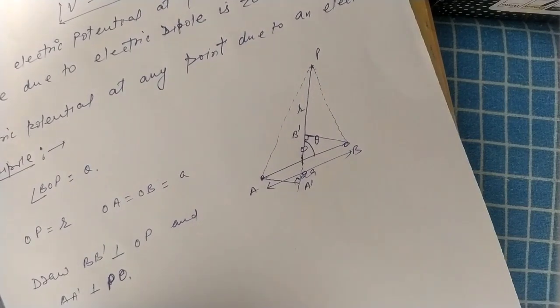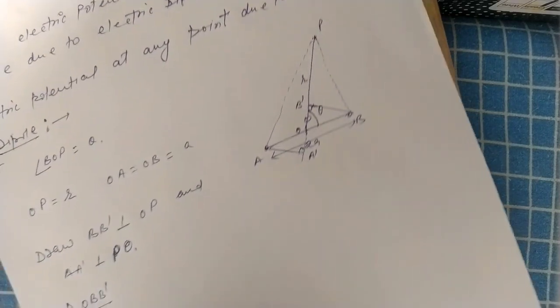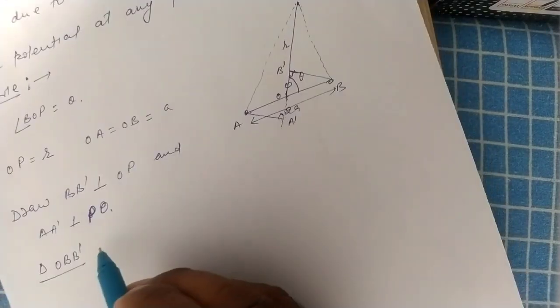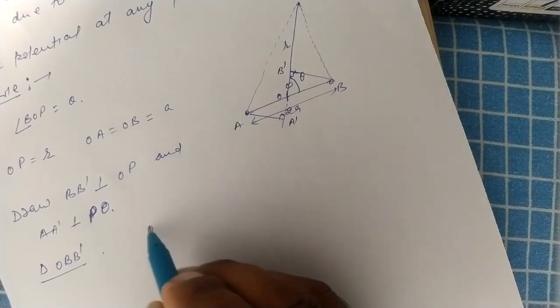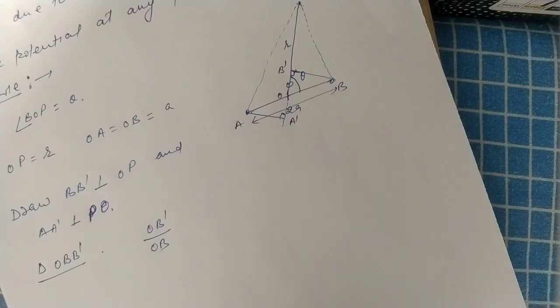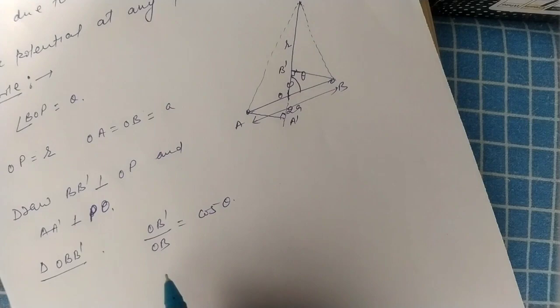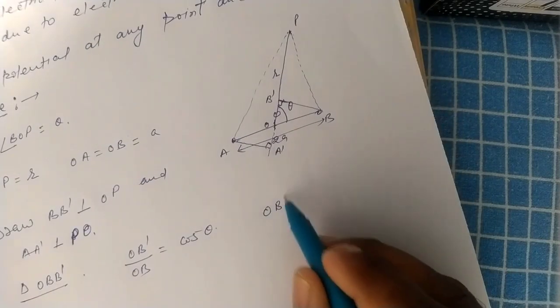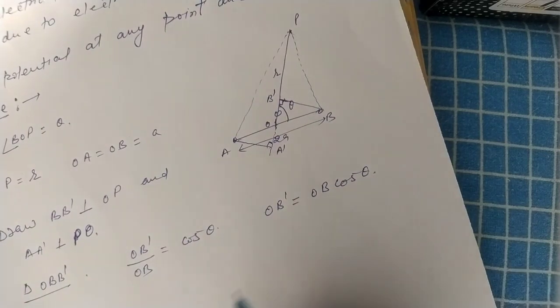Now in triangle OBB dash, OB dash divided by OB is equal to cos theta, and OB dash is equal to OB cos theta.